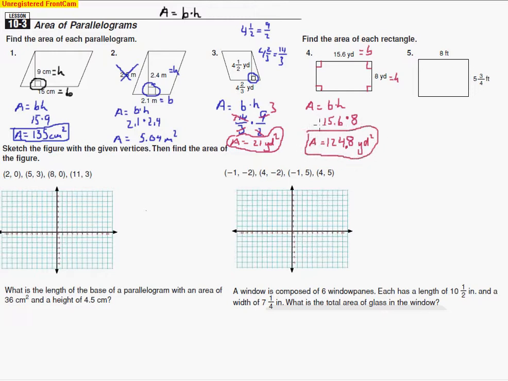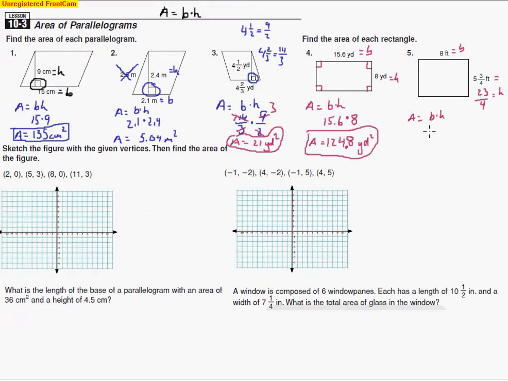Another one like that, the difference here is that we've got a mixed number. Anytime you've got a mixed number, change it to an improper fraction. So this is the same thing as 5 times 4 is 20, plus 3 makes 23 fourths. We're just going to use the base and the height. Here's our base. We'll say this is our height, and substitute it into our formula.